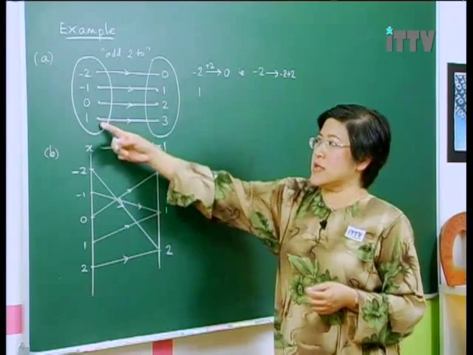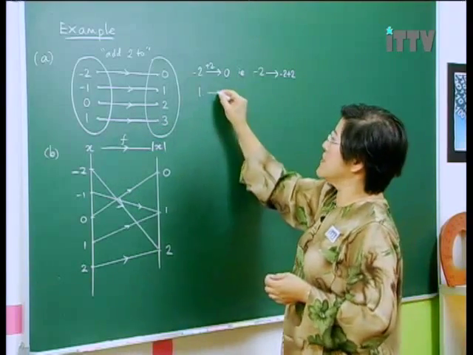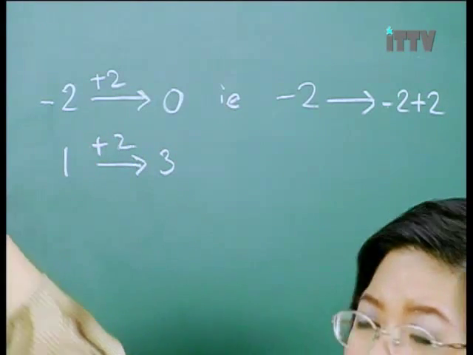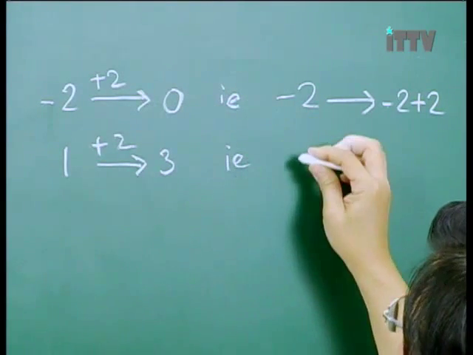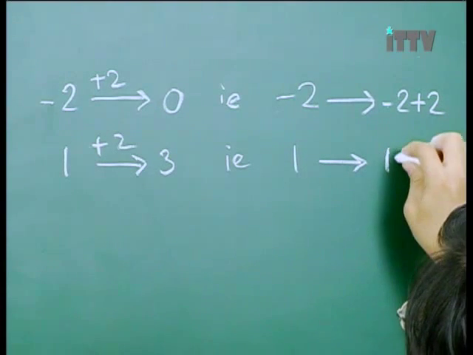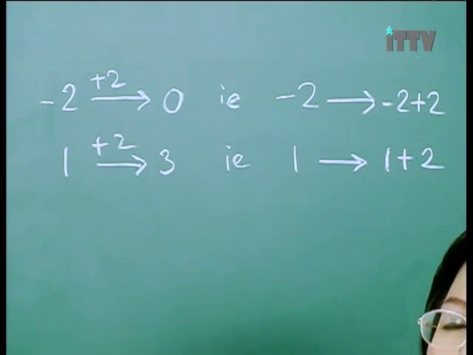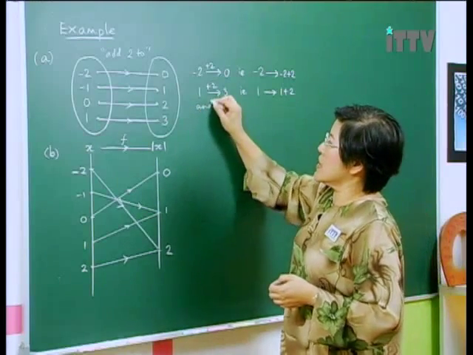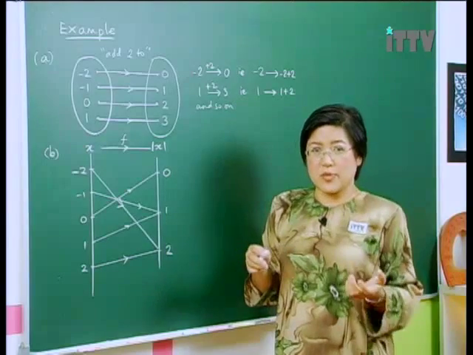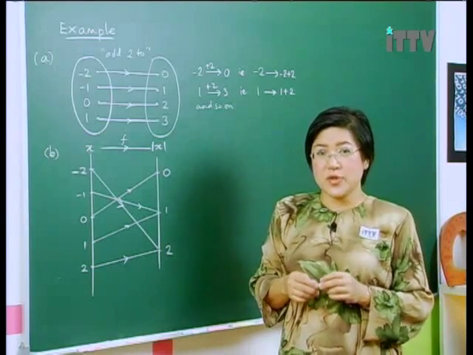The object 1 is mapped onto 3. Again, through the relation of adding 2, meaning to say that we could write it as 1 is mapped onto 1 plus 2, and so on. Each object in this example is mapped onto its image through the relation of adding 2.